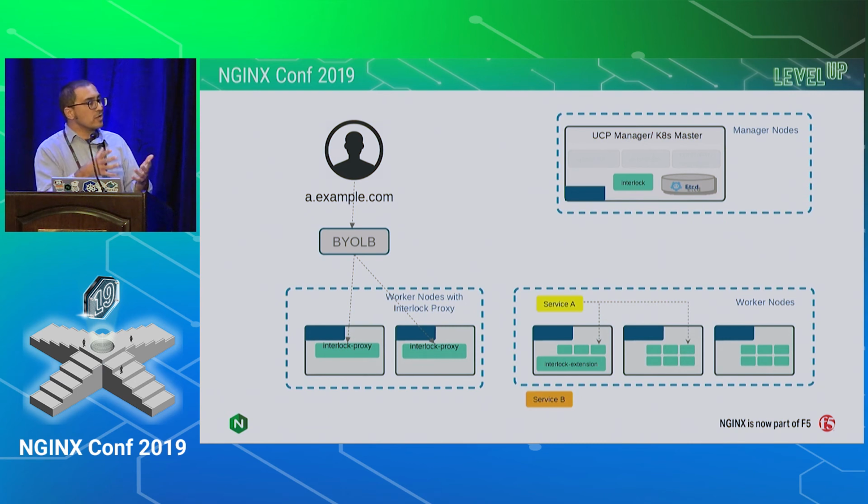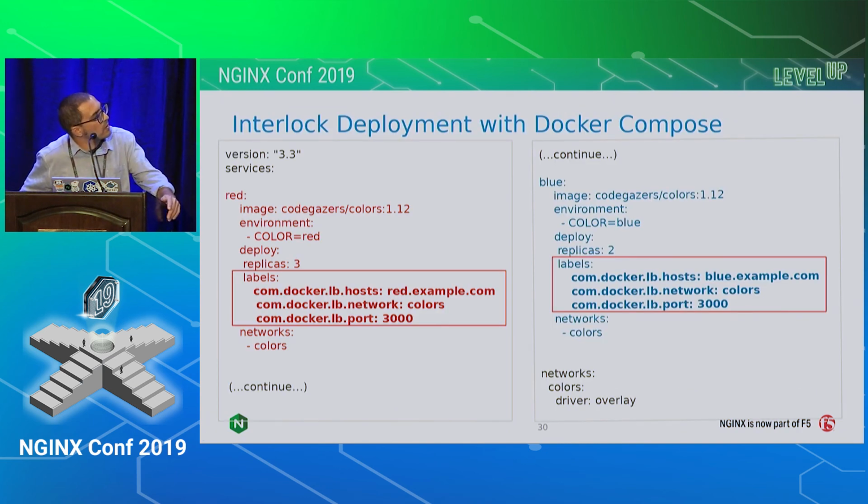I remember I told you about the Orchestrator. Interlock by itself is some kind of process that is quite near Orchestrator, because it watches for the API changes when a container or a new service is deployed, and it uses templates and labels to know what configuration it has to do for the Interlock proxy. So this is the kind of configuration we do with Interlock.